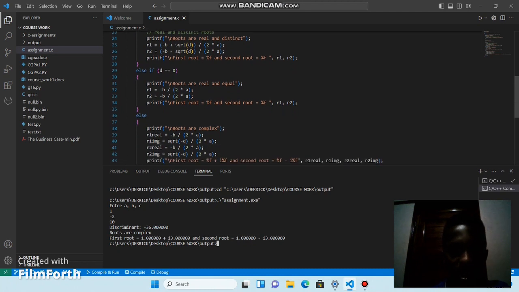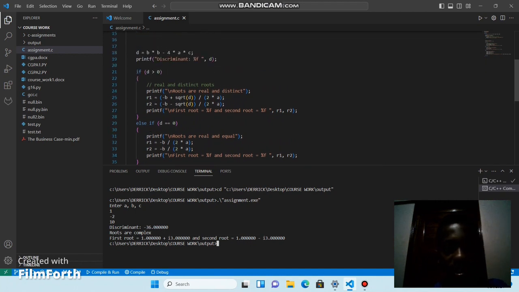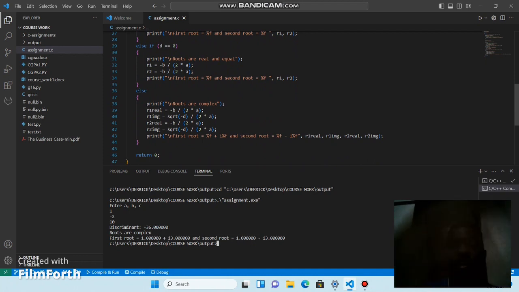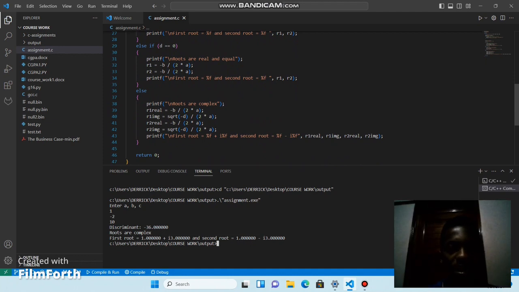Obviously the roots are not real, because it's not greater than 0 and not equal to 0. That means it's got to print the else part, which is none of the above conditions, which is roots are complex. Then it goes on to calculate the roots, the first root, with the real part and the imaginary part. Hope you get me. So now let us try to run again and put other coefficients.